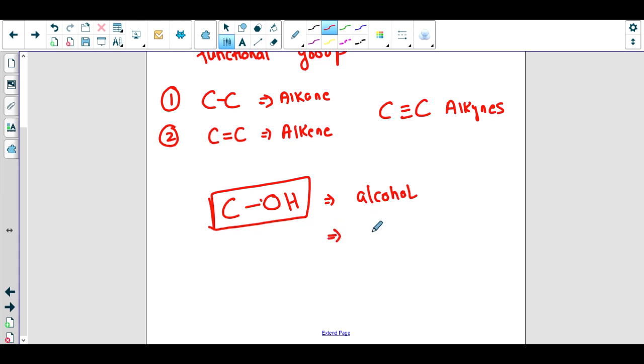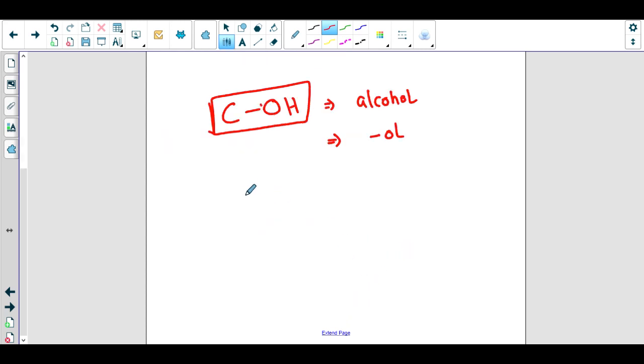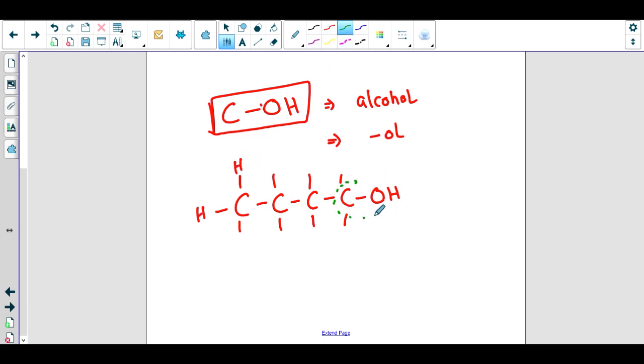What will be the suffix? OL. Let's take a structure. We have a carbon bonded with carbon, bonded with carbon, bonded with carbon, and then an OH. When nothing is shown, it means hydrogen, so consider all the rest as hydrogens, and one of the carbons is attached with OH.